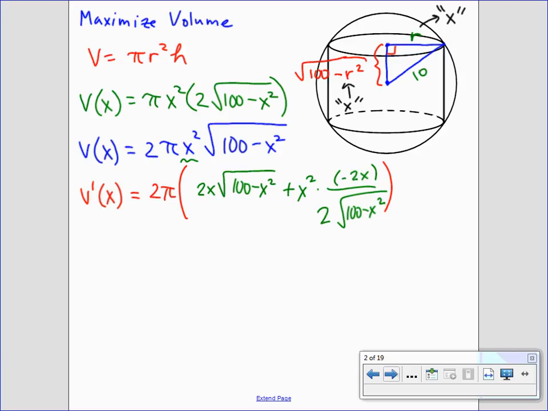Okay, so let's take care of the 2's. Let's keep this 2. And are you guys probably not ready to make a common denominator yet? I'll just leave it like this first. And we'll make this minus x cubed over root 100 minus x squared.